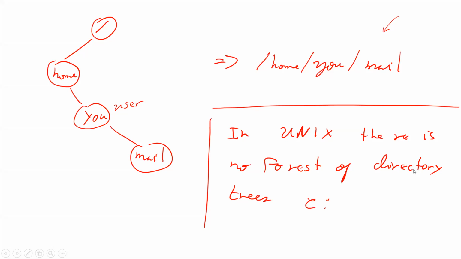In Unix, there is no forest of directory trees. In Windows, you could think of a forest of drives. Instead, the idea is that you just have one thing called a file system, and then you can attach something to it, and that's called mounting.